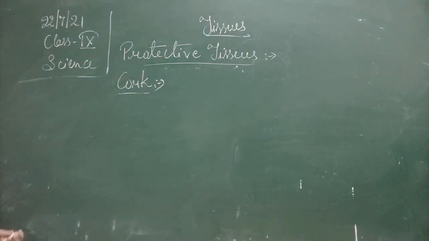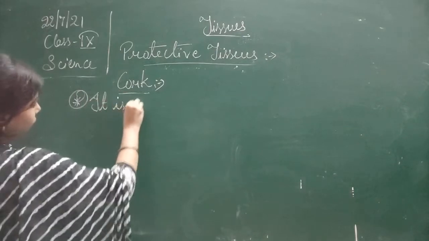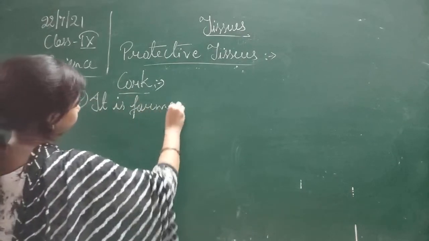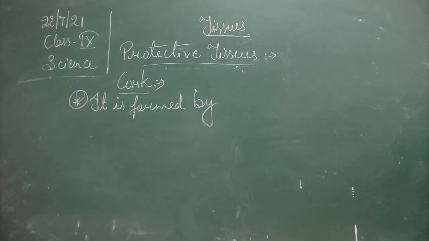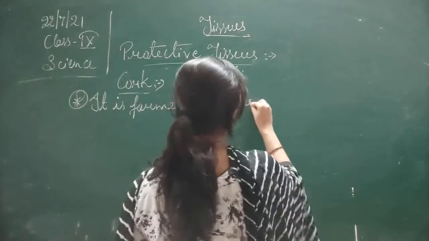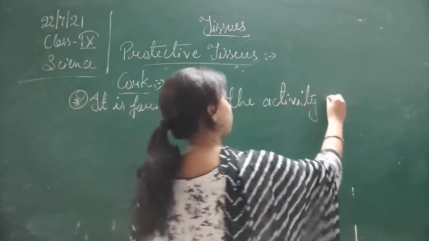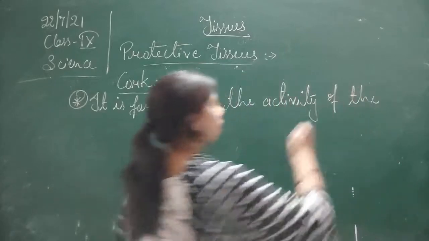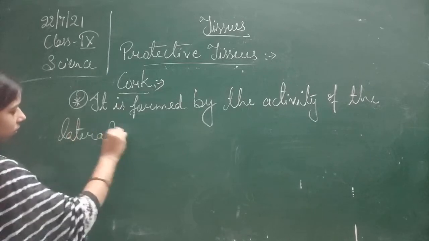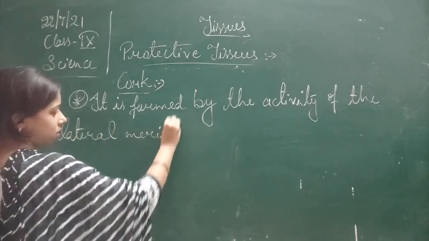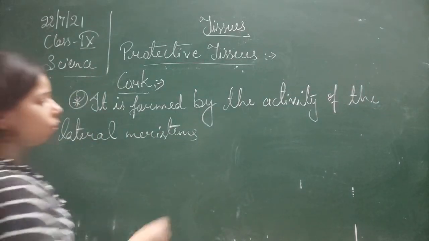Cork is formed by the activity of the lateral meristem in older stem.